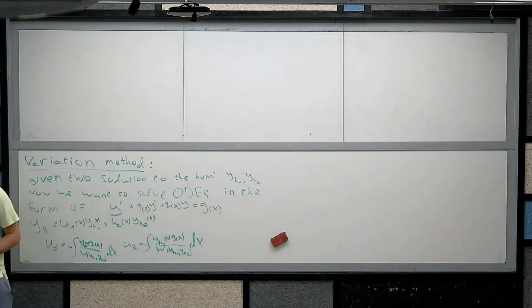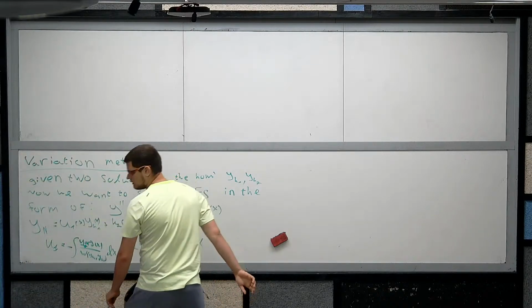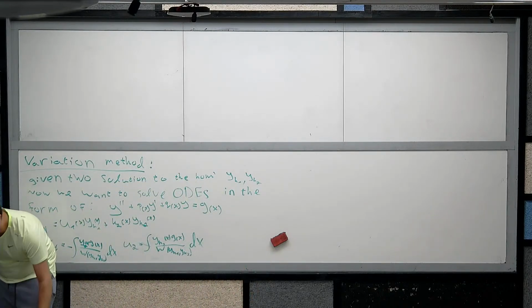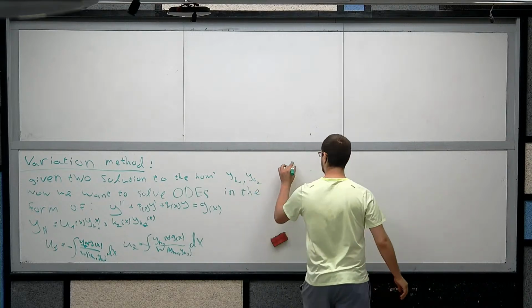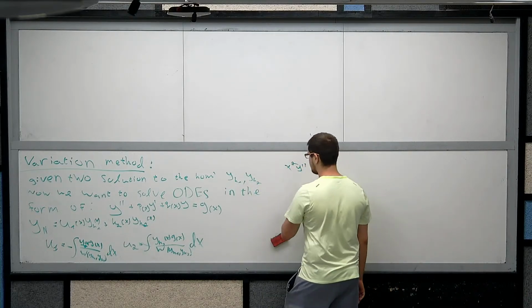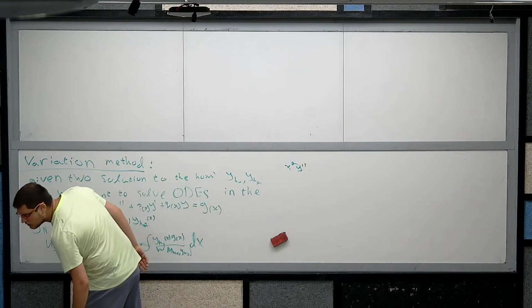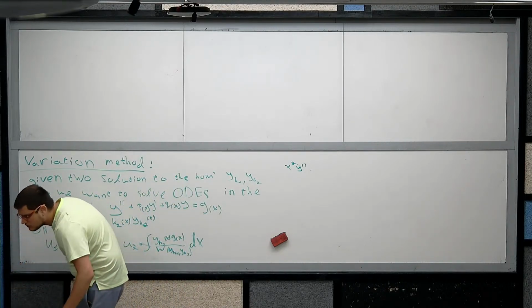Okay, so now we can do a little bit of exercise, variation of parameters. Let's look at the equation, now equation 2 in tutorial 1, but it's okay. x squared y double prime minus 3x y prime plus 4y.